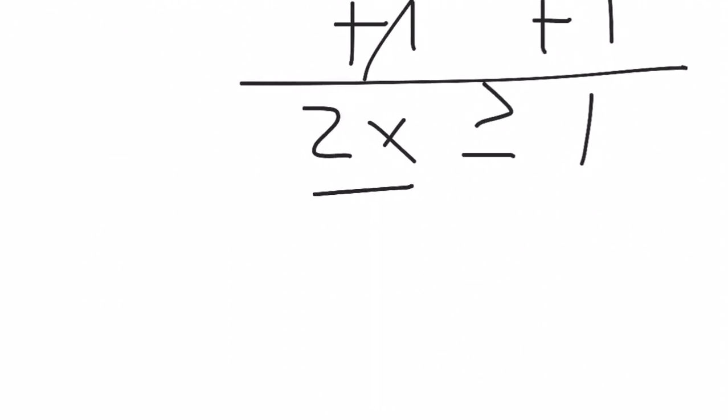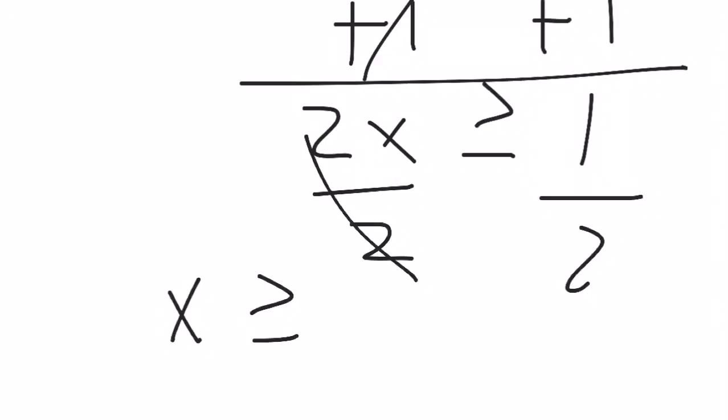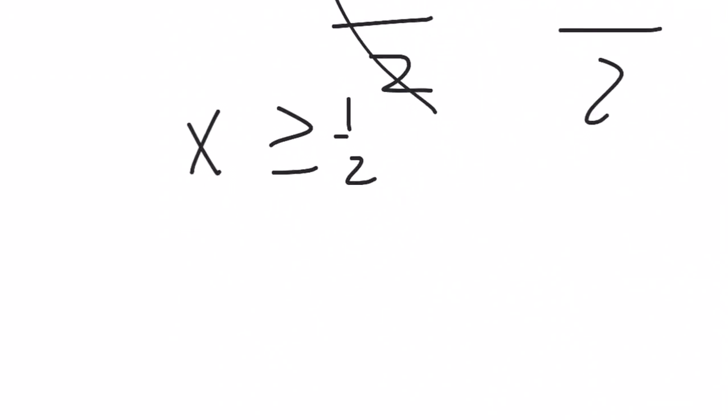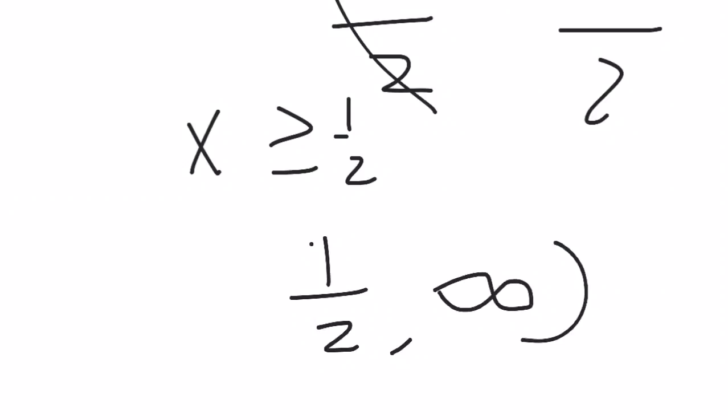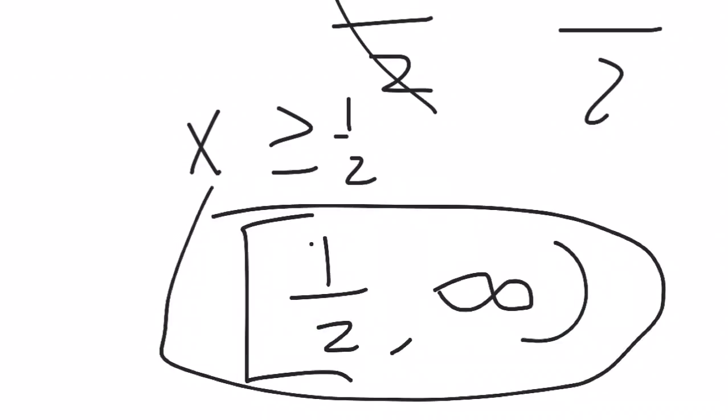After you divide by 2, x is greater than or equal to 1/2. So our domain is all the x values greater than or equal to 1/2, or from 1/2 to infinity. Since you can never touch infinity, there would be parentheses around the infinity. But since it can be equal to 1/2, the domain would have a bracket around the 1/2.